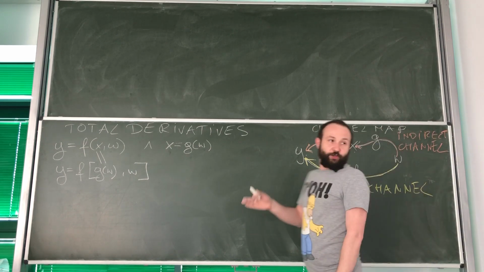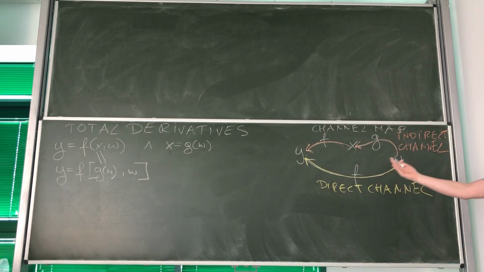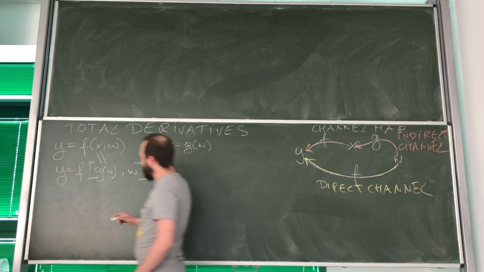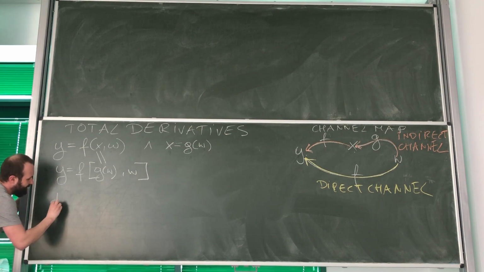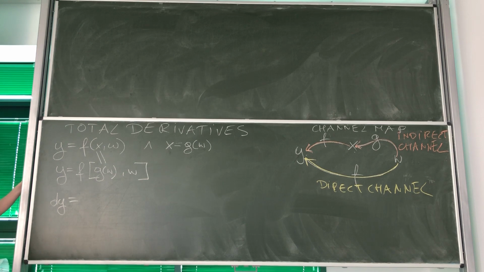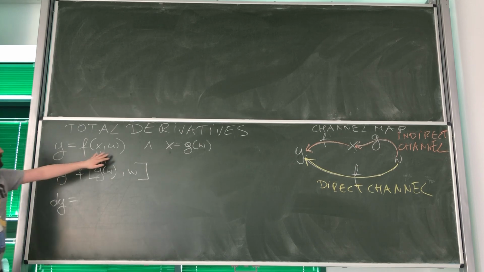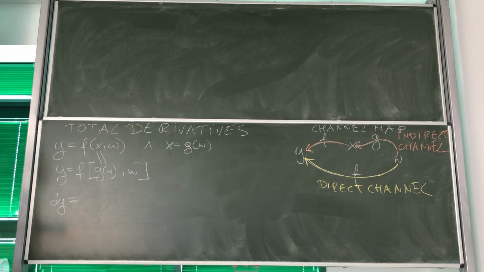Okay, of course, we're going to start by calculating the total differential. Right? So, our total differential is going to look like this. This is going to be dy equals. What do we need to include in this total differential? Look, we need to, of course, assess the impact of all these variables on y separately.